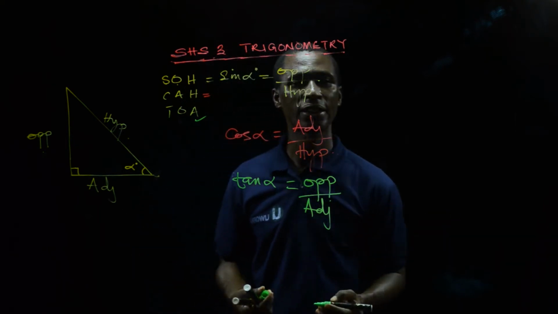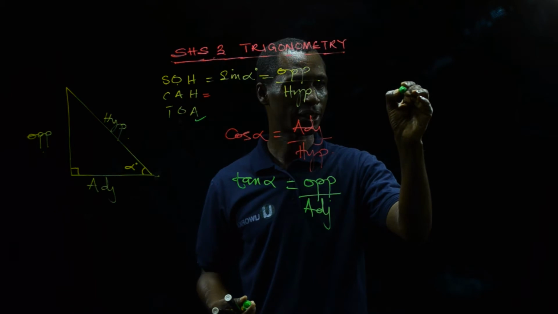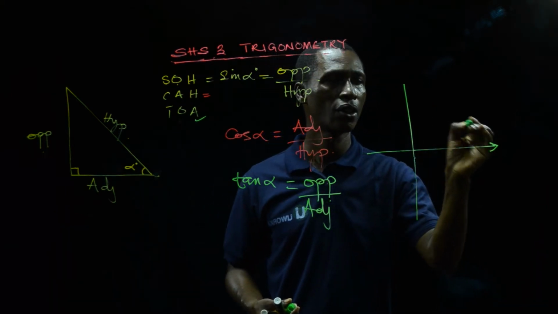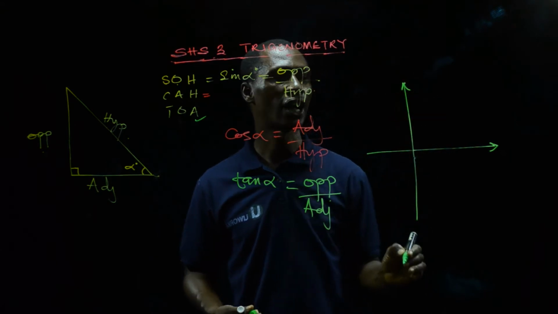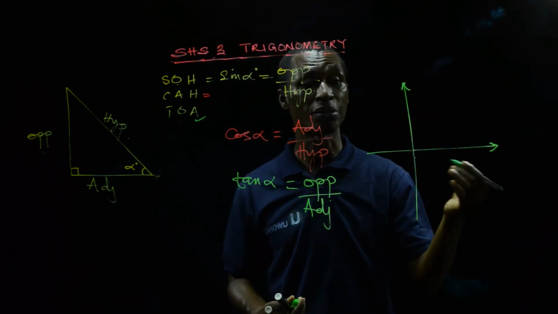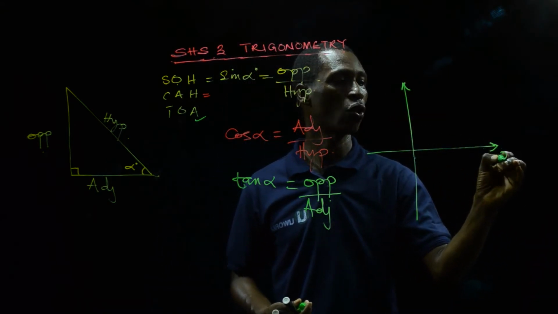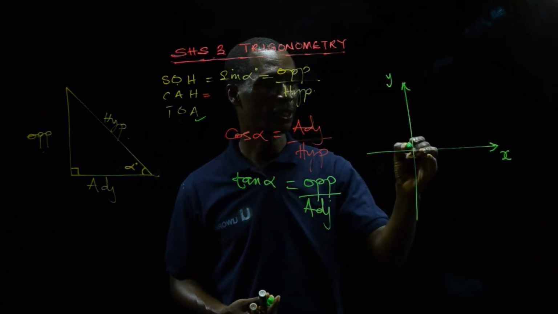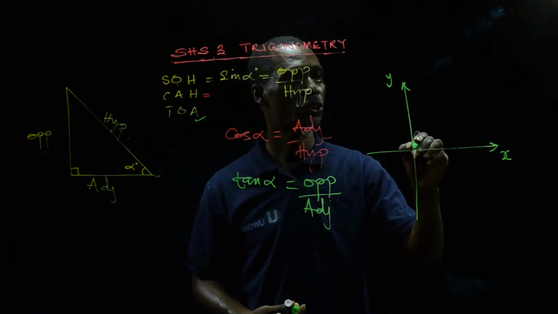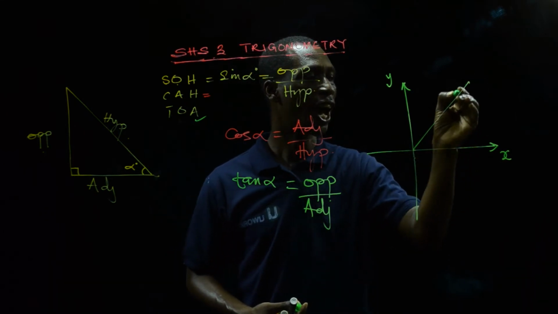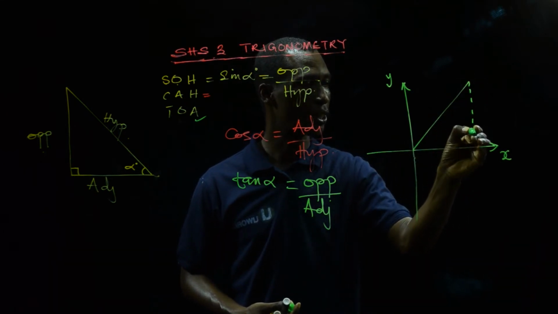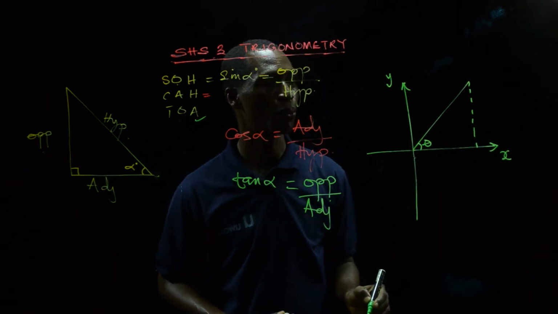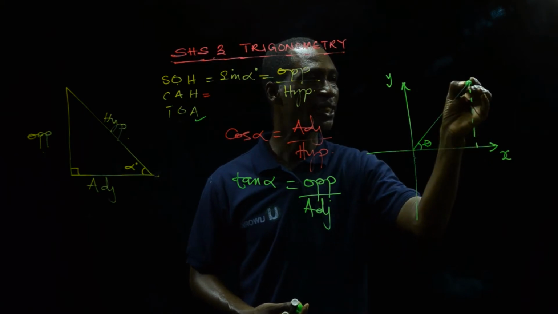So if I've got my Cartesian plane, the Cartesian plane has both the x and y axis, the x on the horizontal axis and the y on the vertical axis. This is my point of origin. At any point, the angle created will be in a quadrant. This is my angle theta here.